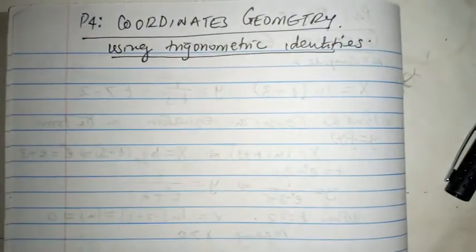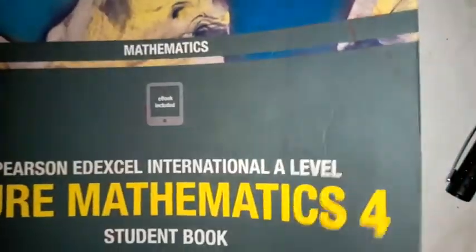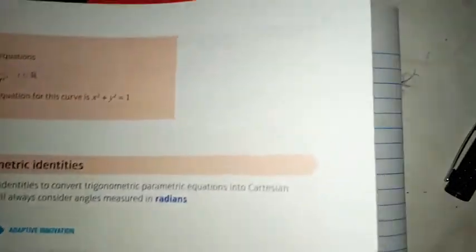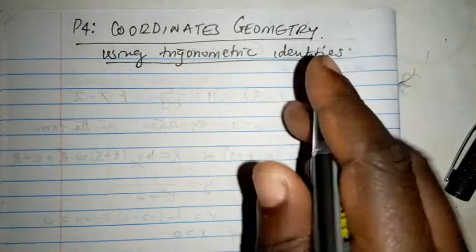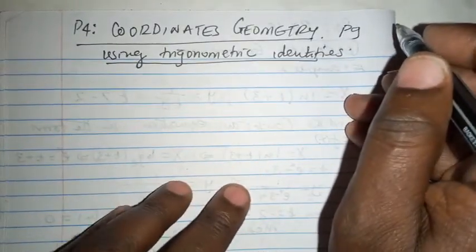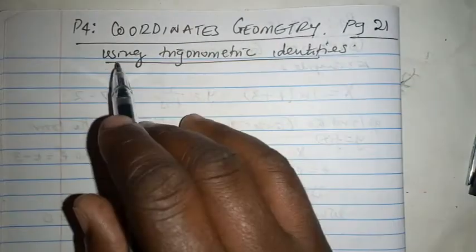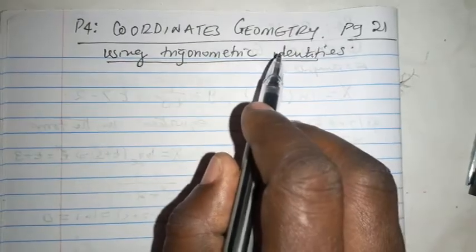In this video, I want to continue explaining Pure Mathematics 4, and we are in chapter 3, which is called Coordinate Geometry, on page 21, where we are discussing using trigonometric identities.